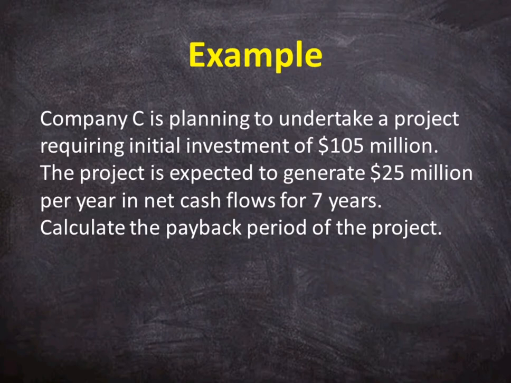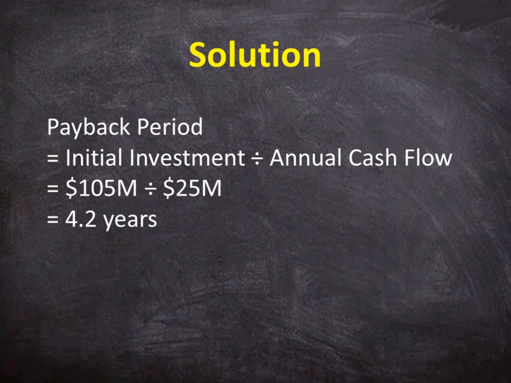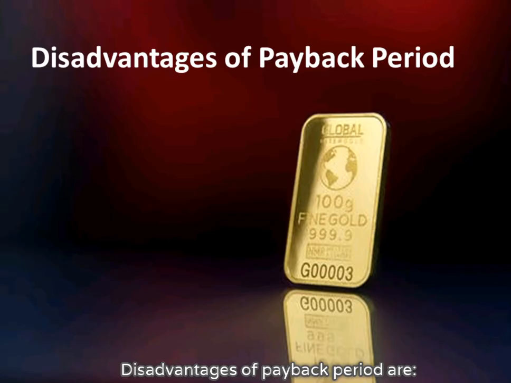Calculate the payback period of the project. Solution. Payback period is initial investment divided by annual cash flow, equals $105 million divided by $25 million. The payback period is 4.2 years.